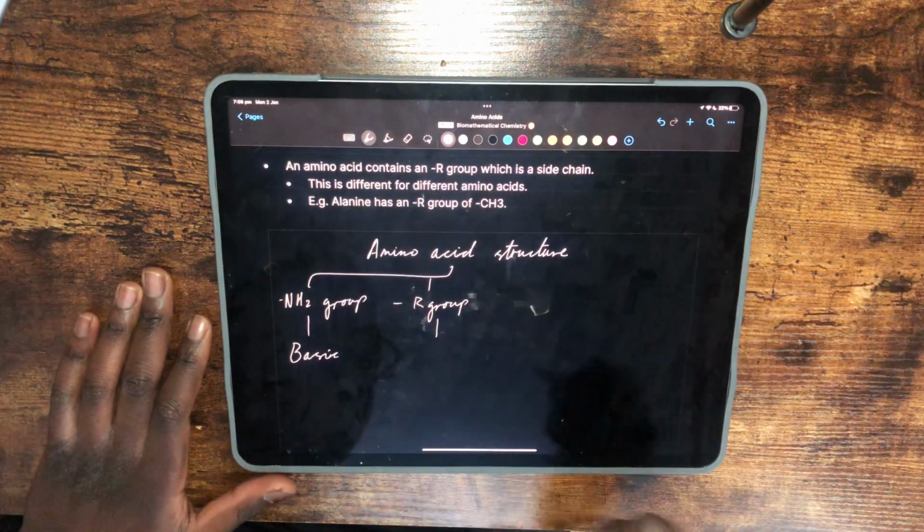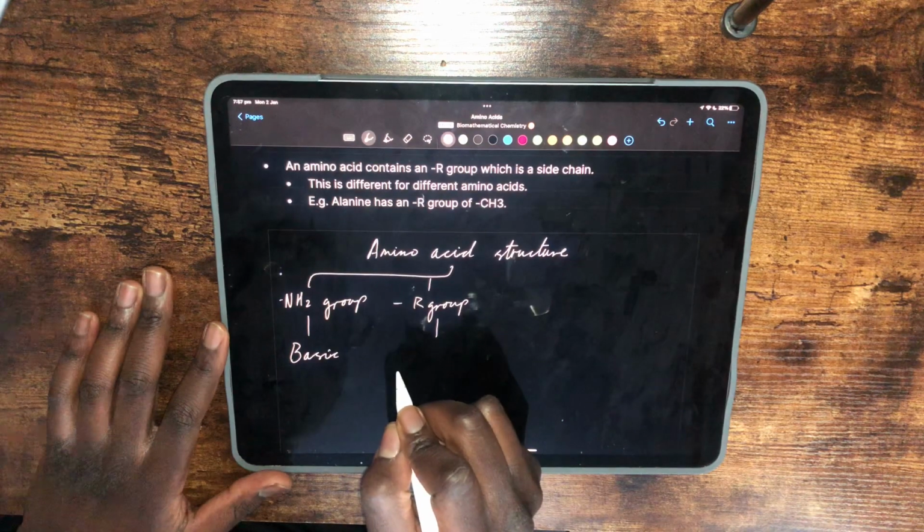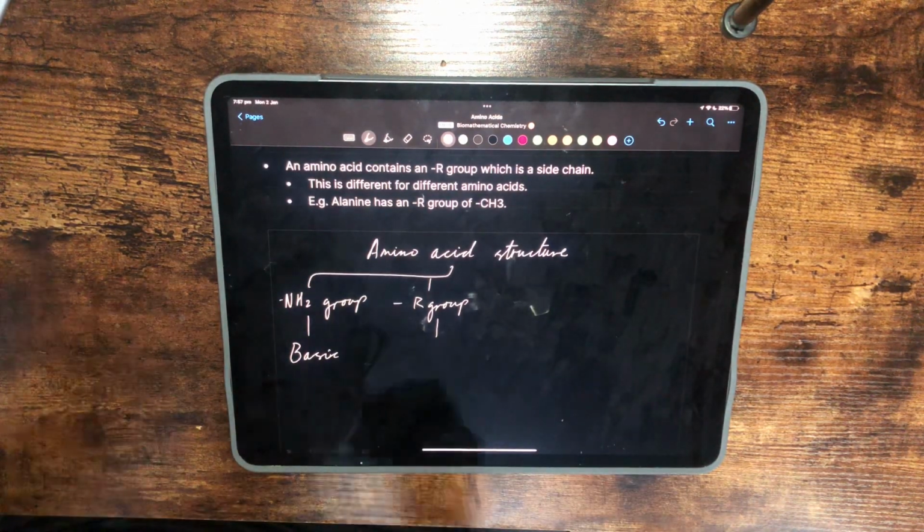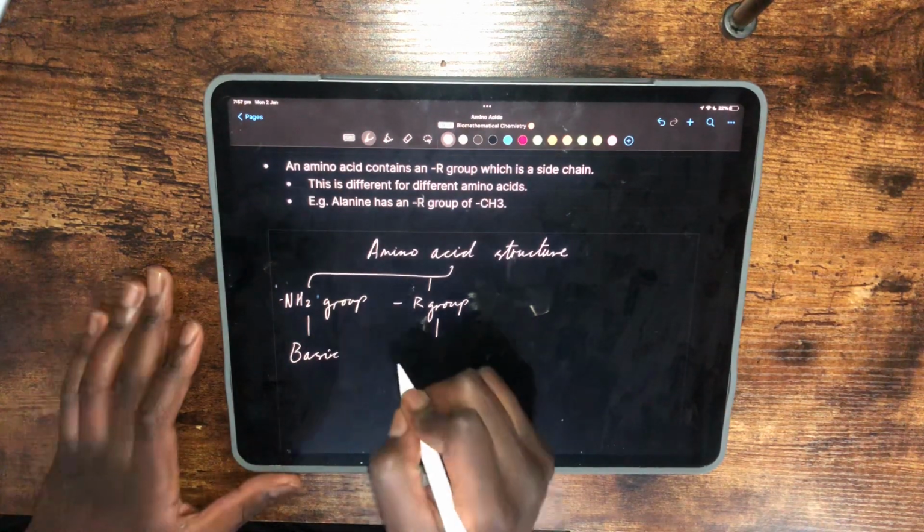Different R groups have unique properties for each amino acid, and that allows you to determine which amino acids you have. So R groups are quite useful.